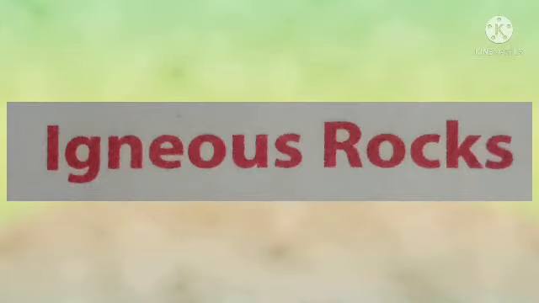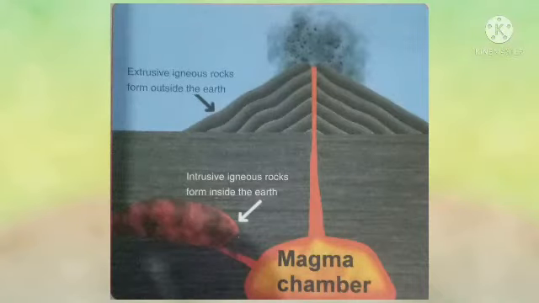First, igneous rocks. The word igneous comes from the Latin word ignis, meaning fire. That's why igneous rocks are also known as fiery rocks. We have learned that the earth's mantle is made up of hot liquid called magma.